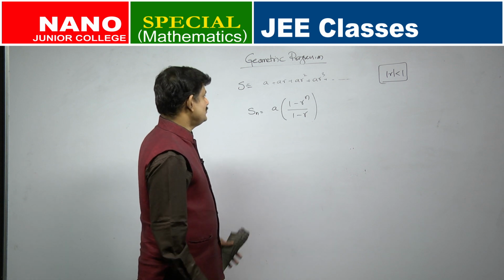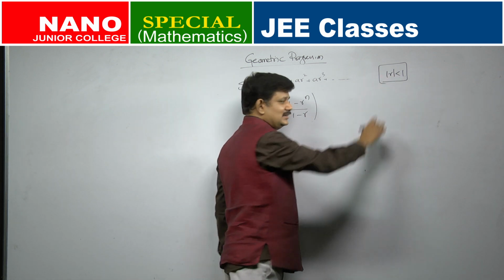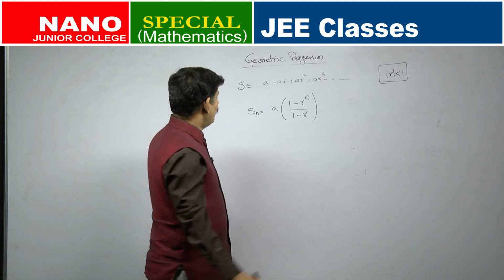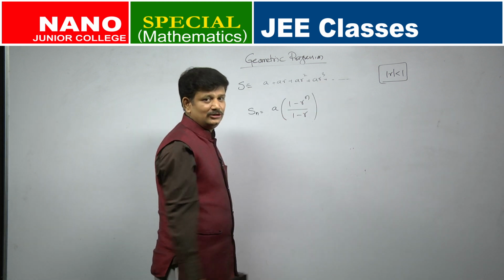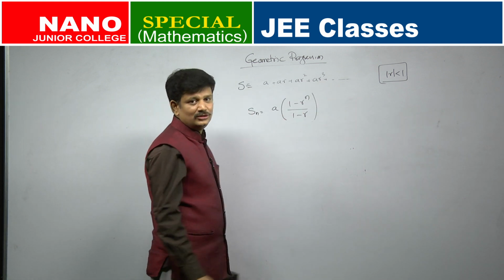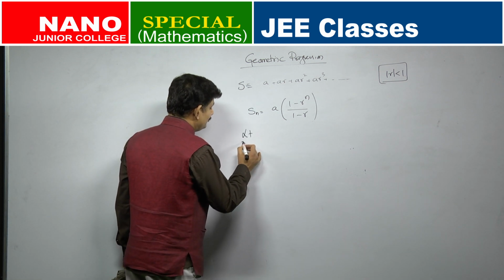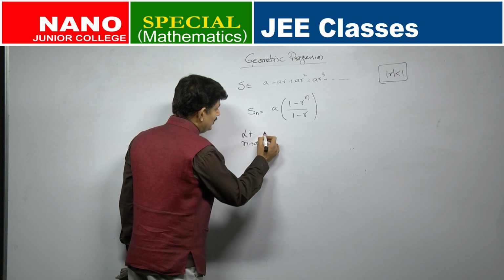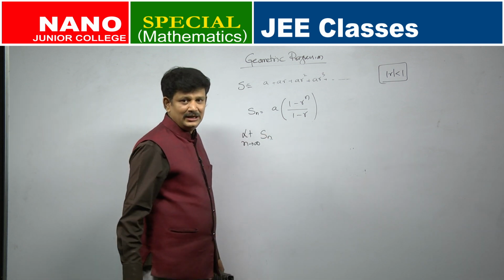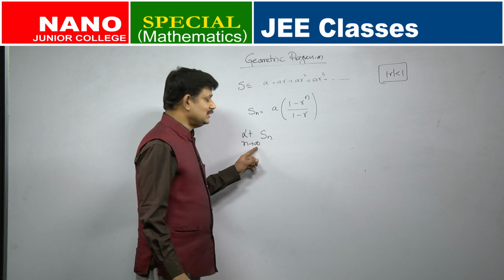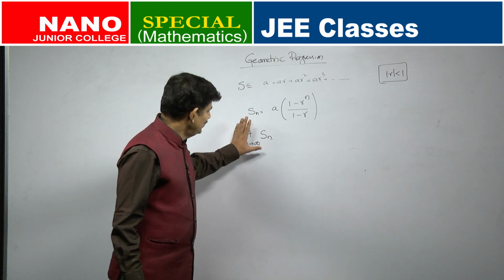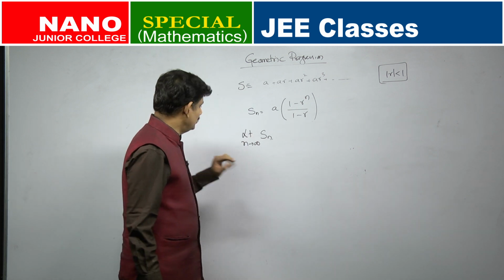Now, in this case we assumed that mod r is less than 1, and what I have to find is sum to n tending to infinity. I will not put directly n equal to infinity, we are not supposed to mathematically put n equal to infinity. What we mathematically write is limit as n tends to infinity, as n is becoming an infinitely large number. Only that is the meaning of this, do not get bogged down by this.